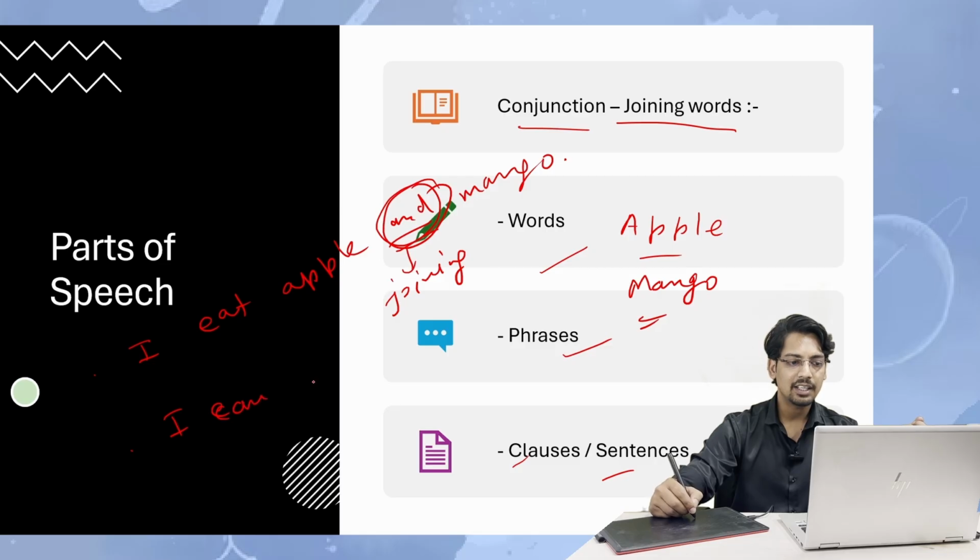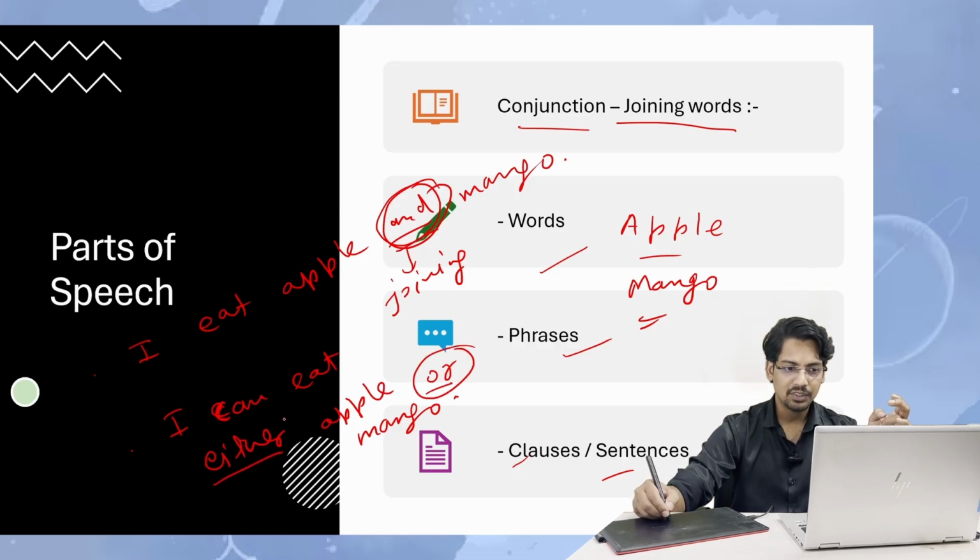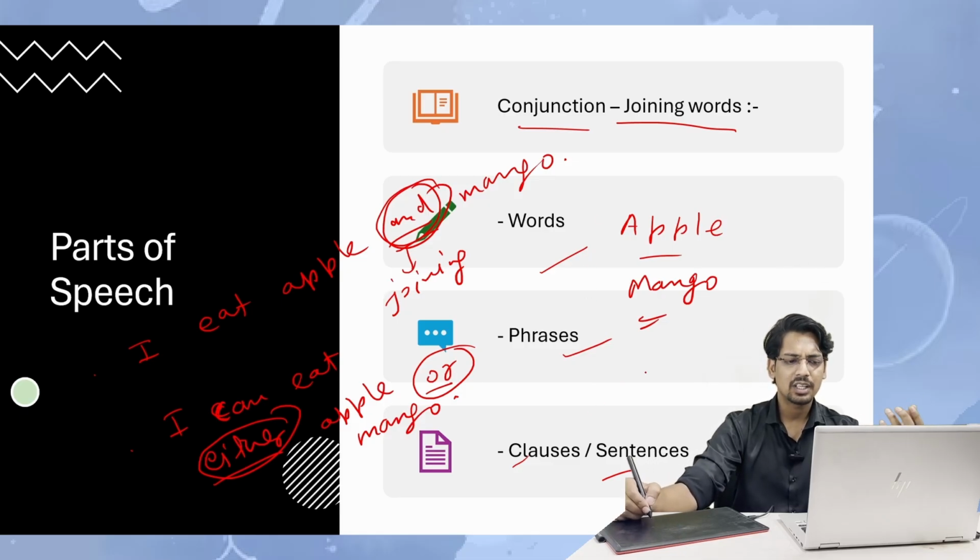I can eat either apple or mango. Here, apple and mango, these two words are joined by either or. That's why these are also called the joining words. These are the examples of the joining words, like and, or, either or.